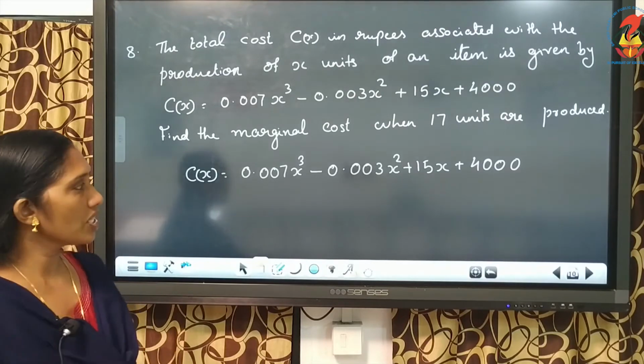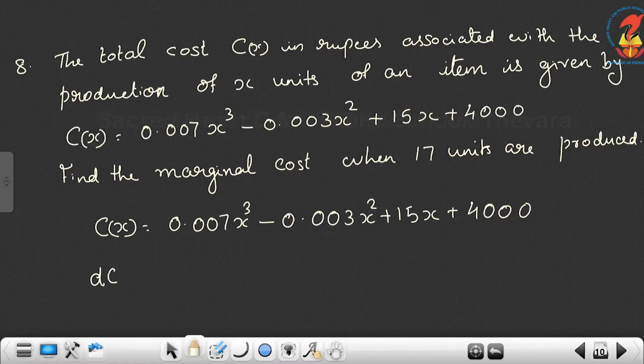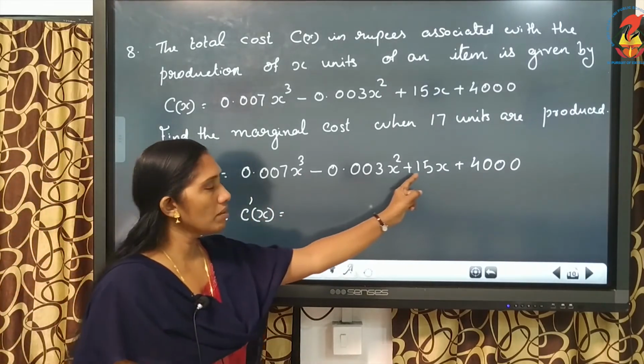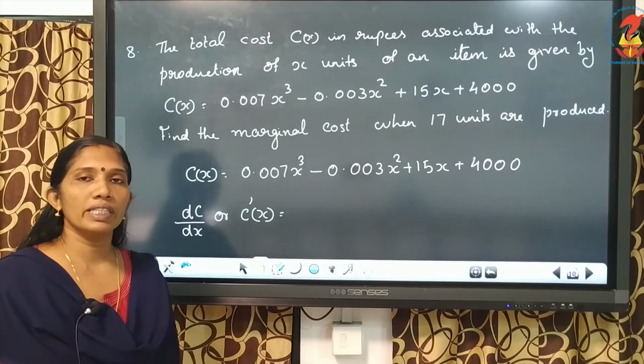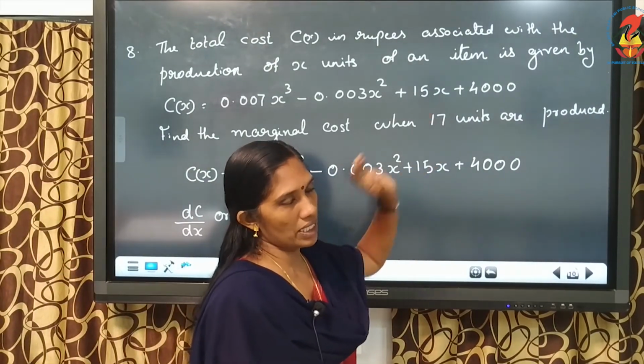Then marginal cost means you have to find the rate of change of this cost with respect to x. So you have to find dc by dx, or simply you can write C dash of x. C dash also indicates the derivative with respect to x. So just find the derivative, then you have to give x as 17.